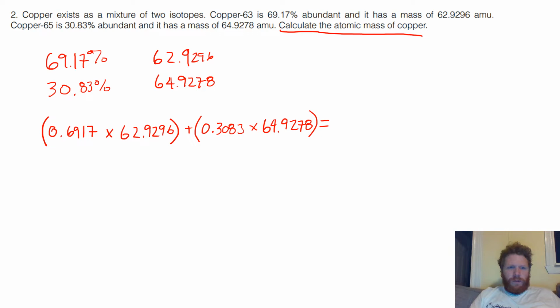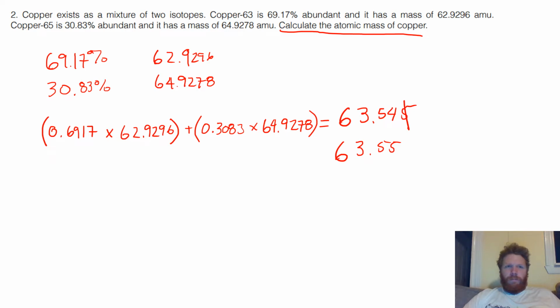So I'm going to put in parentheses 0.6917 times 62.9296, close parentheses, plus 0.3083 times 64.9278, close parentheses. And the answer that I came up with here is 63.545. Like I said, we've got 4 sig figs, so we want to get rid of that last digit, and that just rounds us up to 63.55.